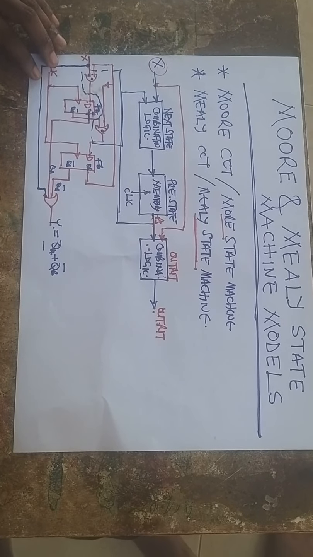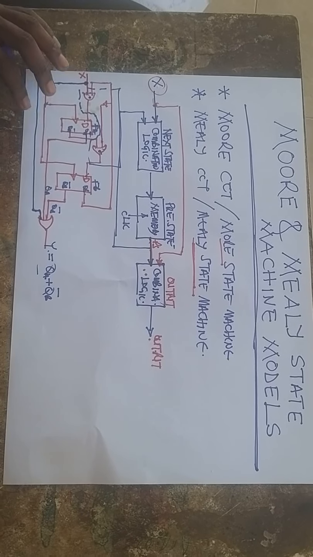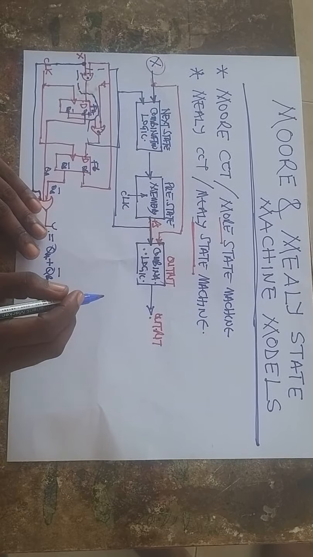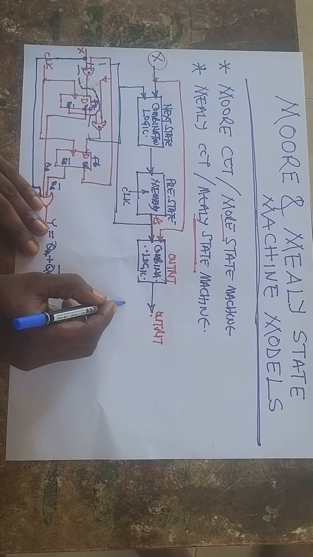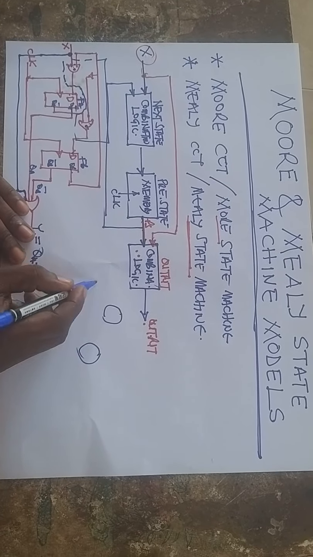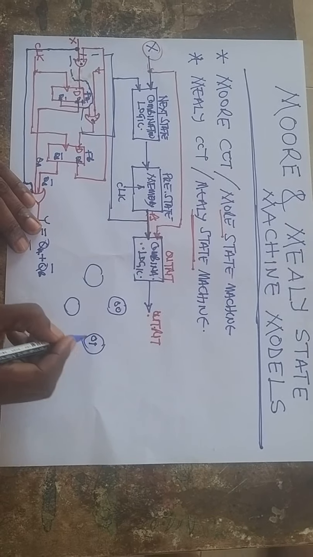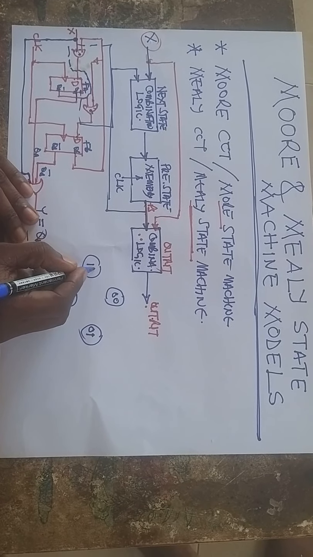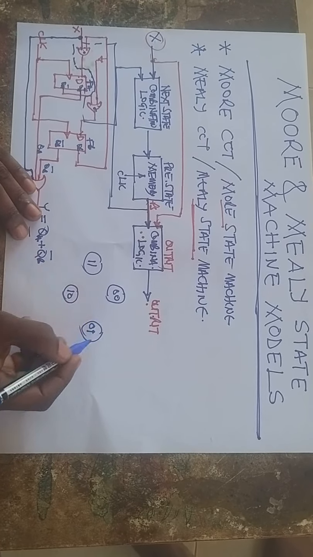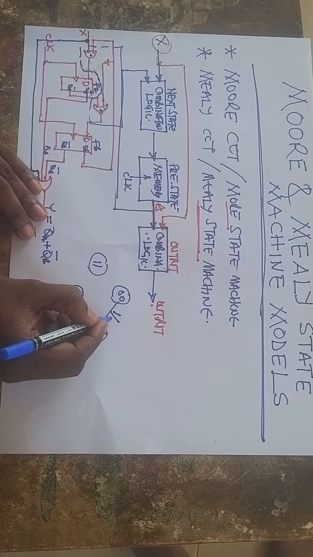Now, with the Moore state machine, Moore has a way of representing his state diagram. Remember, this is what we did. Our normal state diagram is like this, where we have the states in the circle, and then for the transition from one state to another state, we have the input and the output on it.